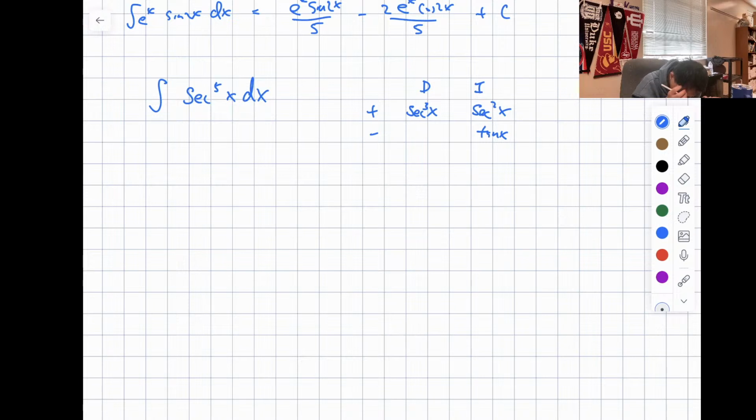What's the derivative of secant? You serious? Wait, the secant cube, secant square, it's a cube. Secant cube. I forgot. Whoa, whoa. Oh, you're right.